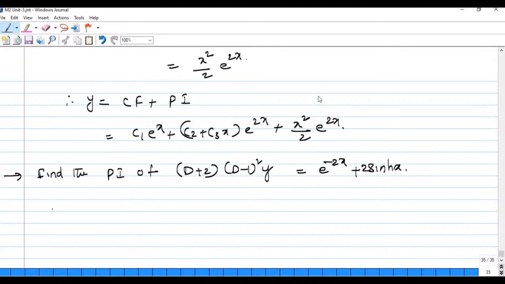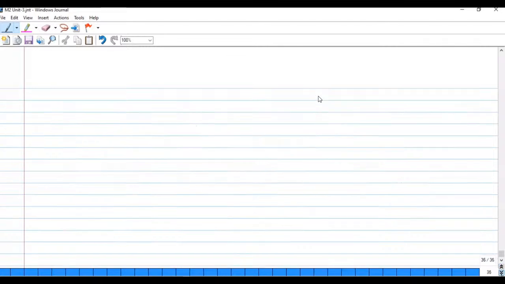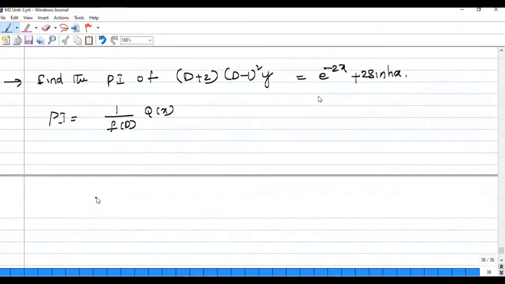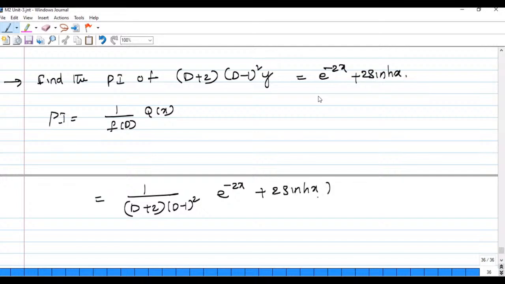We have to find the PI. What is PI? 1 by f of d into Q of x. That is 1 by f of d into what is Q of x, e power minus 2x plus 2 sinh x.